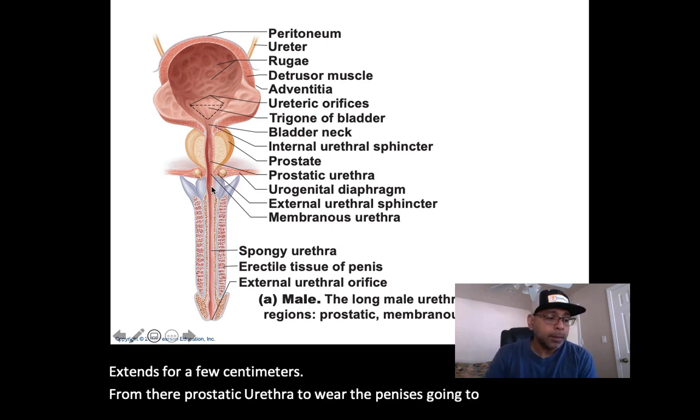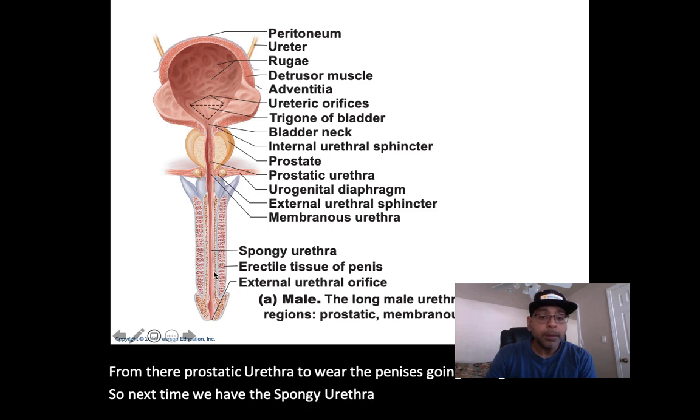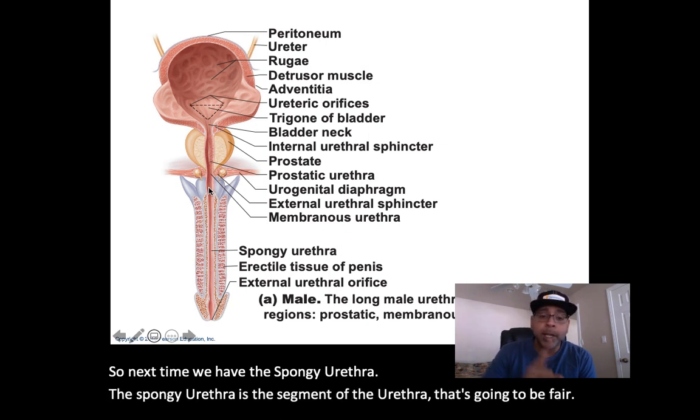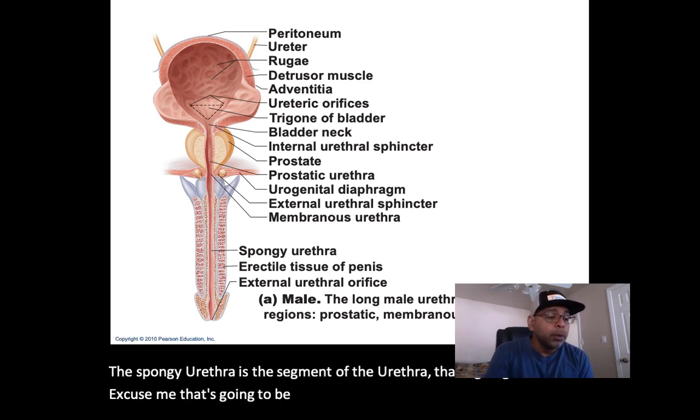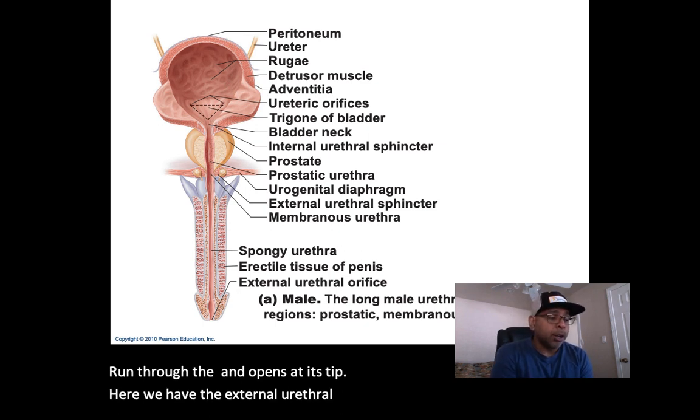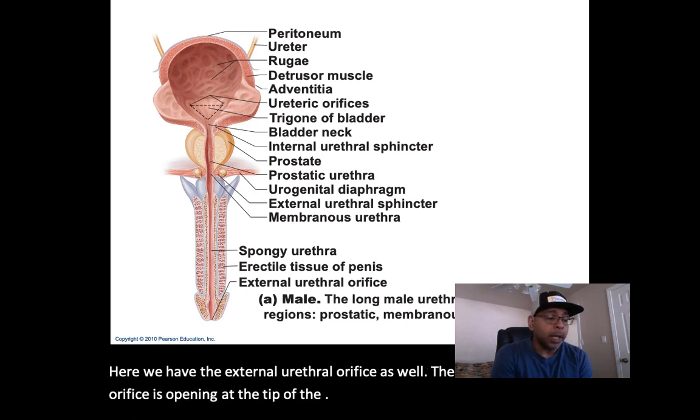So next we have the spongy urethra. The spongy urethra is the segment of the urethra that runs through the penis and opens at its tip. Here we have the external urethral orifice as well. The external urethral orifice is the opening at the tip of the penis.